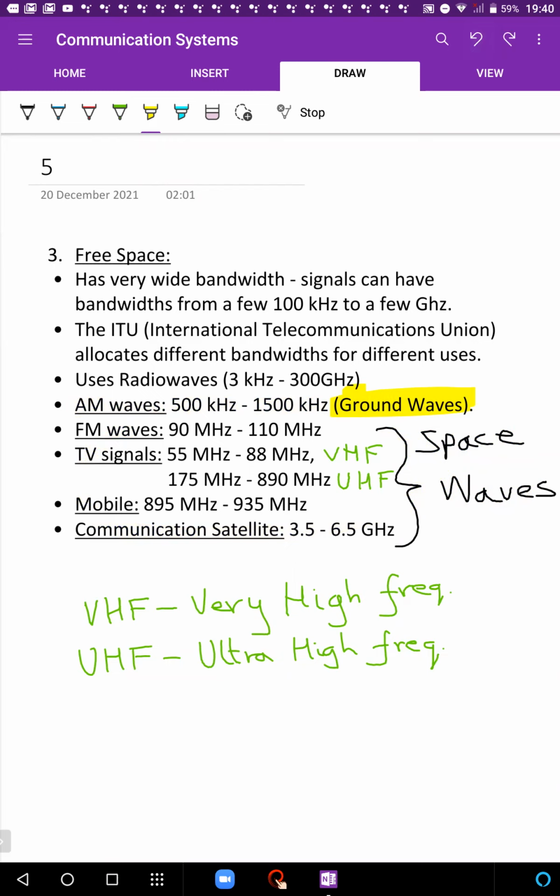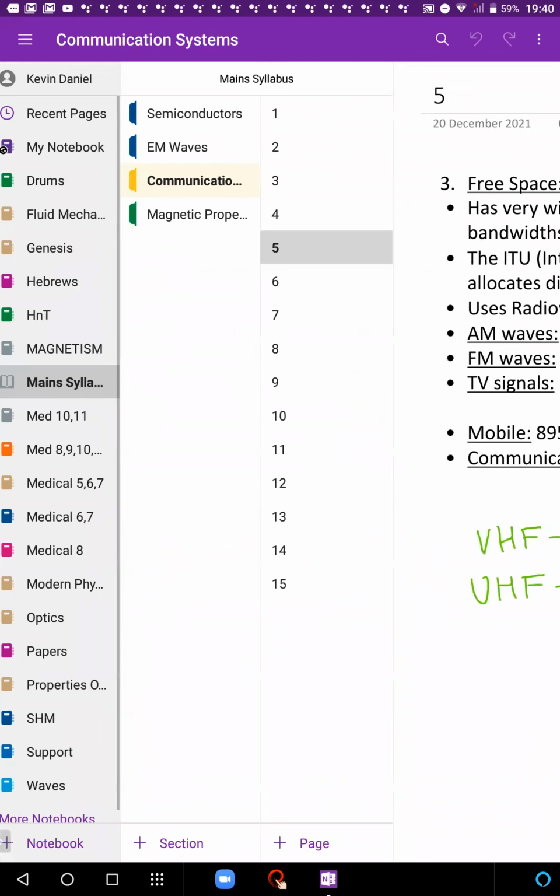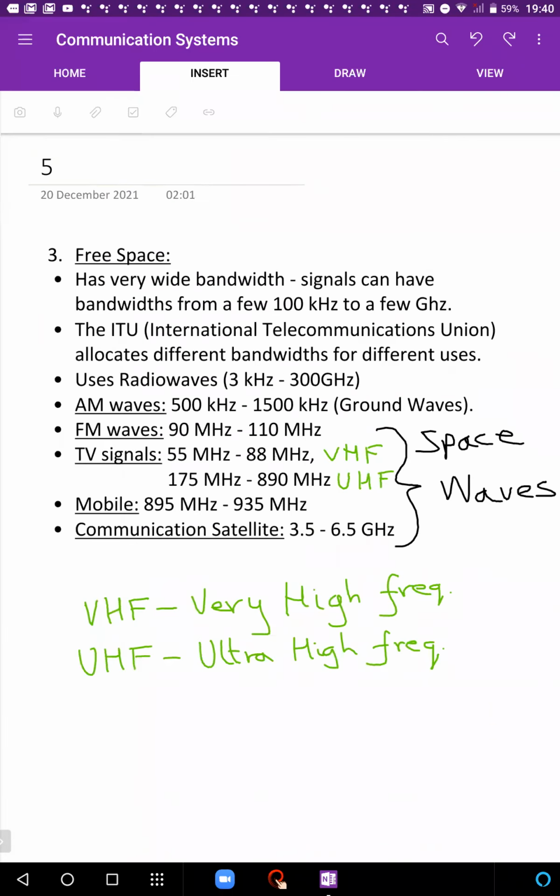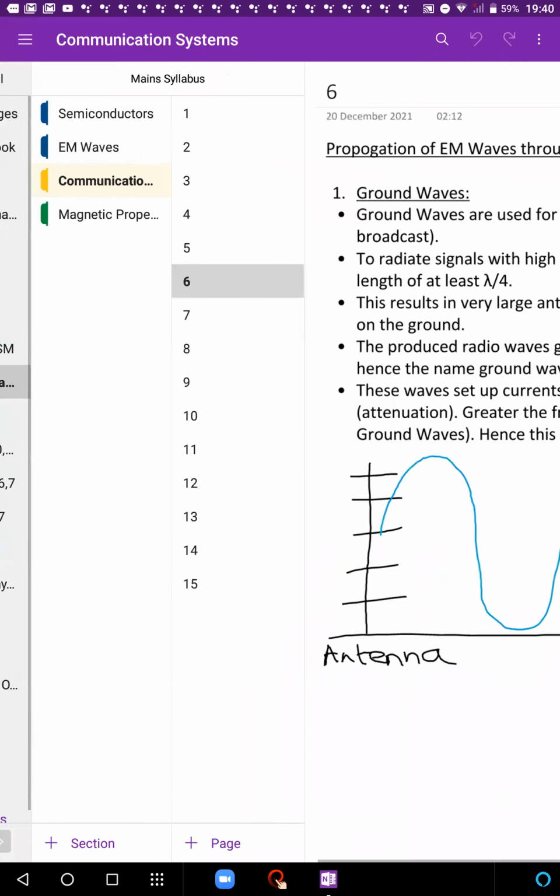If you just read the NCERT, you may have mixed up the values. But you also have to put the pieces of information together and understand, oh, AM uses ground waves, and mobile uses space waves, because they lie in that frequency range. None of that is explicitly written, so I would always suggest revising once through these notes as well.